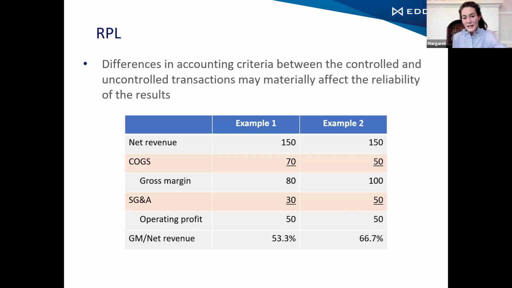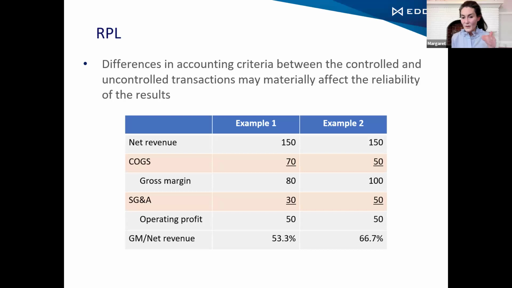And so if you look at these examples, both example 1 and example 2 here, they have the same total costs. So it's 100 for both example 1 and example 2. The costs are just split differently between COGS and SG&A.